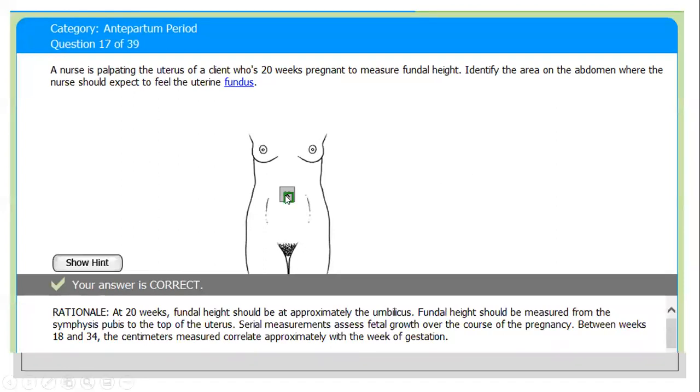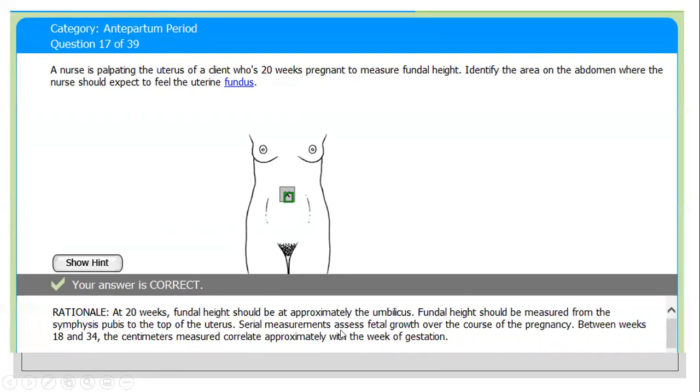It should be, at 20 weeks, approximately at the umbilicus. So at 20 weeks, the fundal height should be at approximately the umbilicus. Fundal height should be measured from the symphysis pubis to the top of the uterus.